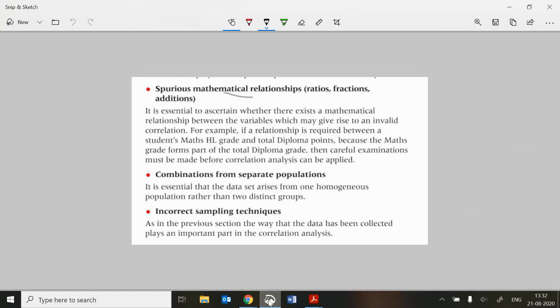So it says spurious mathematical relationships. So this one is saying, for example, if a relationship is required between a student's maths HL grade and total diploma points, because the maths grade forms part of the total diploma grade, careful examinations must be made before correlation analysis can be applied.